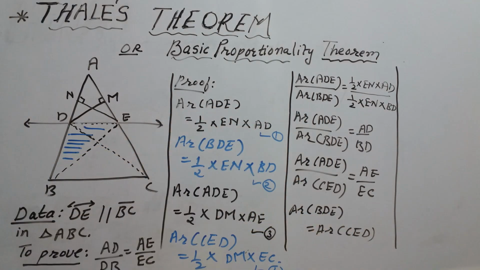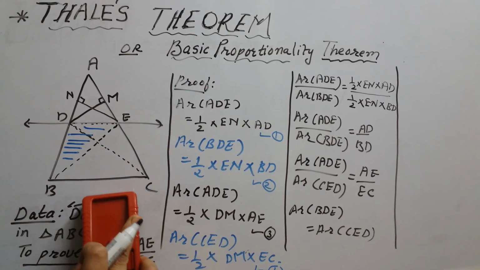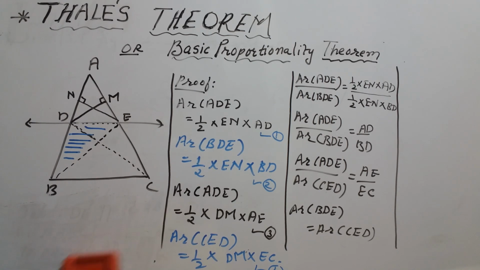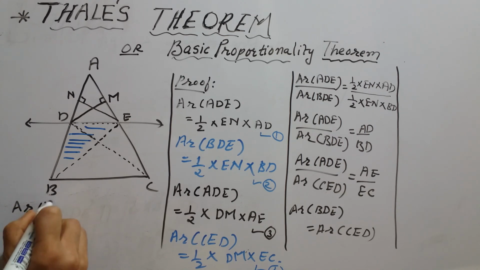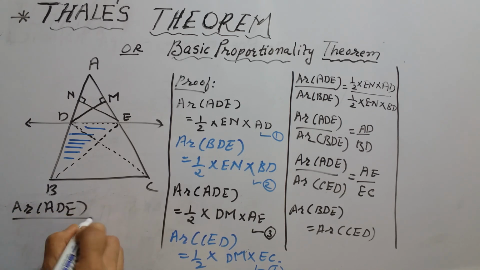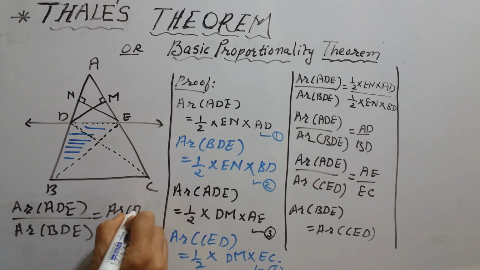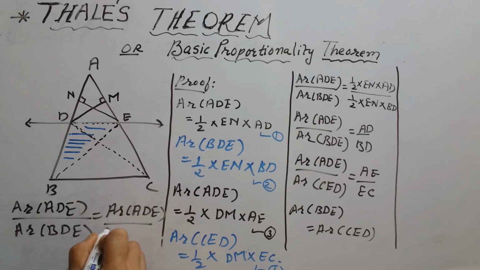Hence, I can equate both the ratios and I can write area ADE by area BDE is equal to area ADE by area CED.